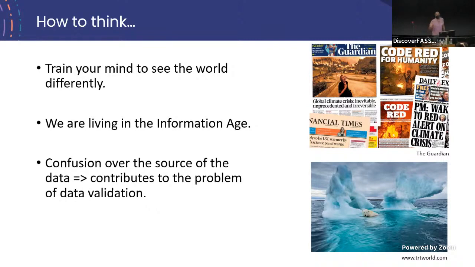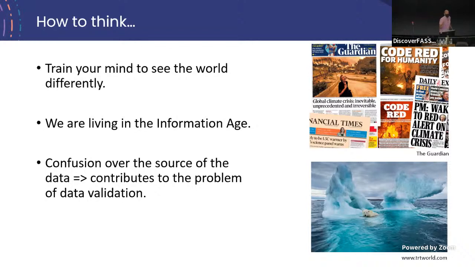So we are now living in an information age. The way we access information, the way we share information has completely changed. The way we learn in the digital world has completely changed, right? All of this can cause confusion over where the data or information come from.